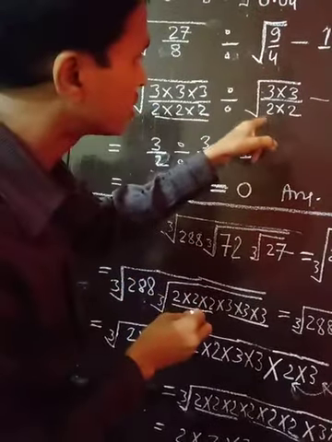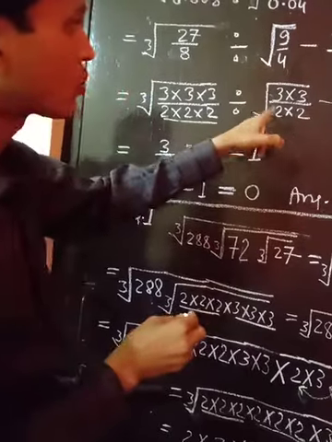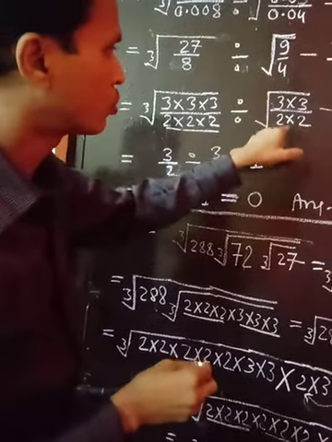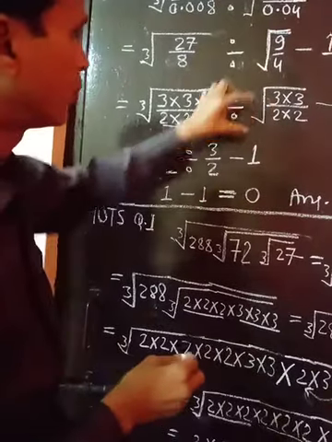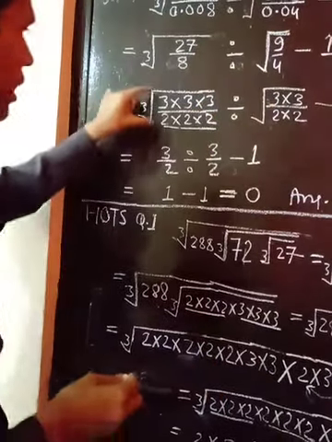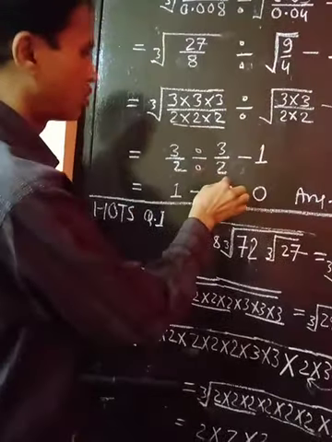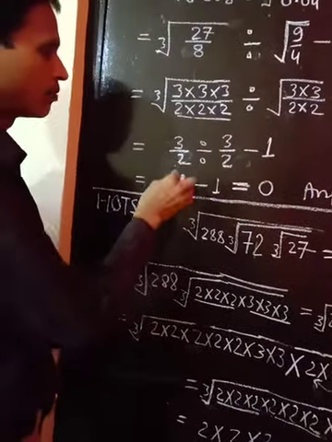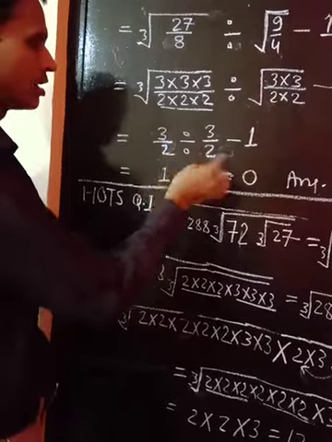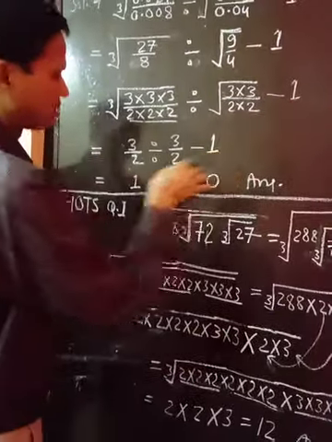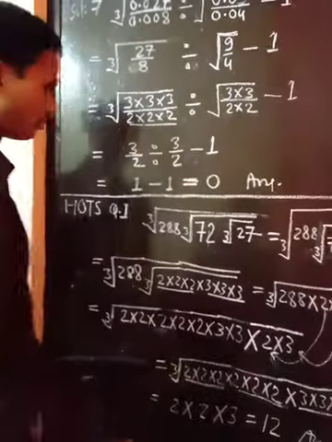Since this is square root, out of these 3's, 1 three will come outside, and out of these 2's, 1 two will come, because this is square root and that is cube root. So 3 upon 2 divided by 3 upon 2, this answer will be 1 because the same number is dividing each other. So this is 1 minus 1, so 1 minus 1 is 0.